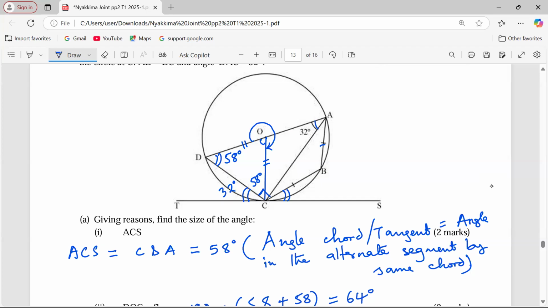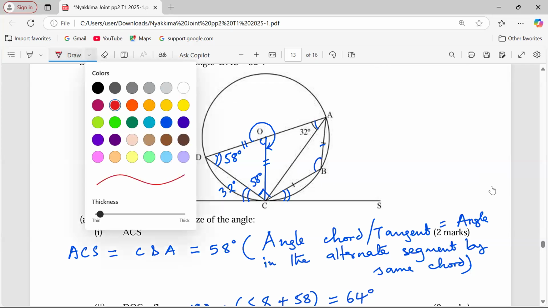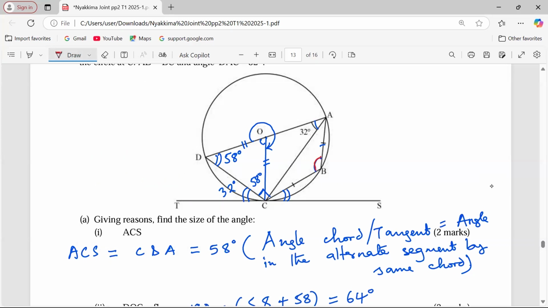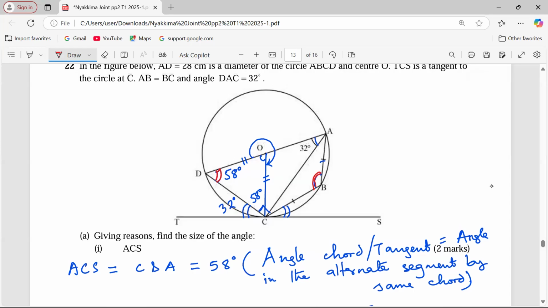Therefore, opposite angles in a cyclic quadrilateral, like the angle at D and the angle at B, are supposed to be supplementary in that they add up to 180. So when we take 180 and subtract 58, we should be able to get the angle at B.